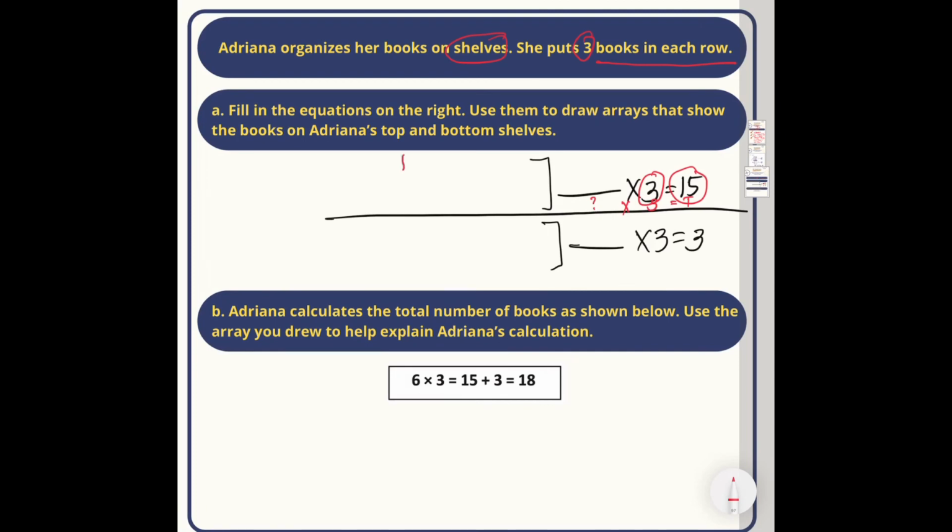So why don't we start drawing a box for each book? So that's going to be 3 in each row. So this is my first row, but I need to have 15. So that means I need to keep drawing the boxes until I reach 15.